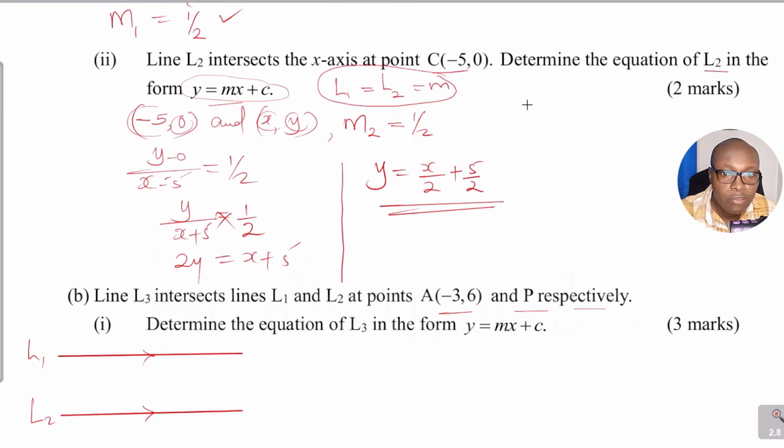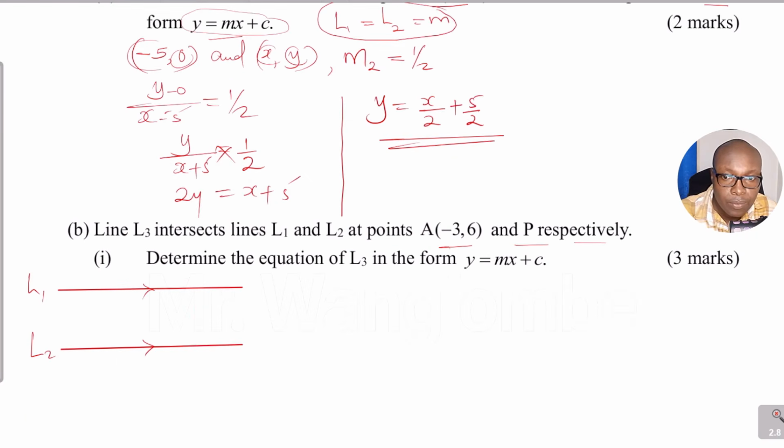So L3, if I'm to sketch this, it's just a sketch. L3 is there. And L3 intersects these two lines at 90 degrees. It is perpendicular. That is L3. So it intersects L1 at point A. So this here is point A, which is -3, 6.